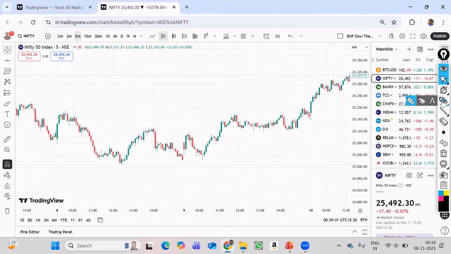See here what is happening. The price is forming a higher high and higher low. Can you see this? But look at this. When it broke this swing, it did a decent momentum from almost 25120. It went close to 25180. Then what happened?